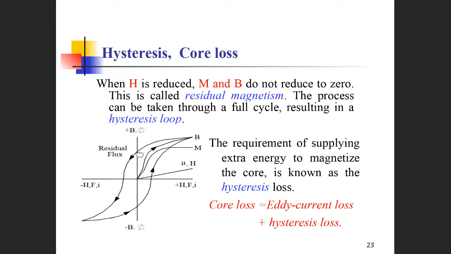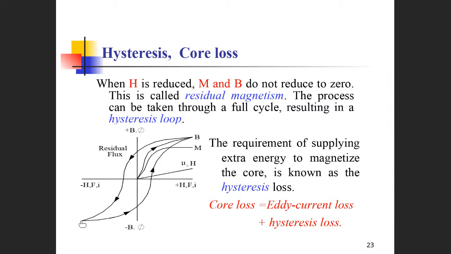When you further reverse the current direction to a certain value, the magnetic field inside the core becomes zero. When you increase the current in the opposite direction further, the magnetic field will increase to certain values.